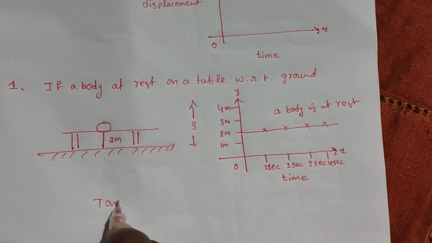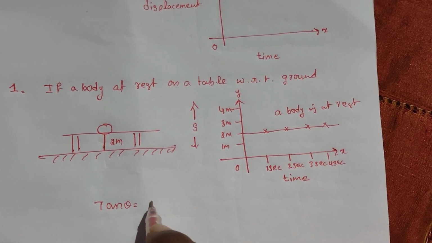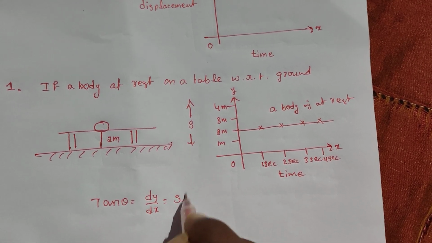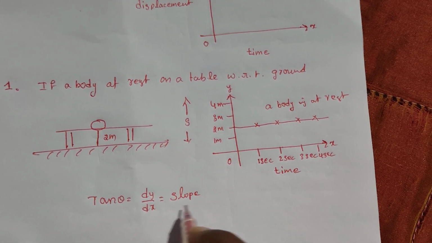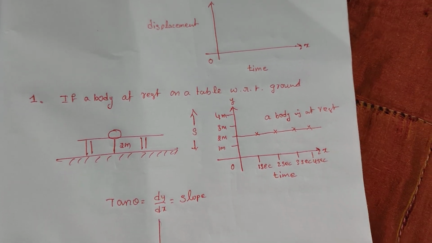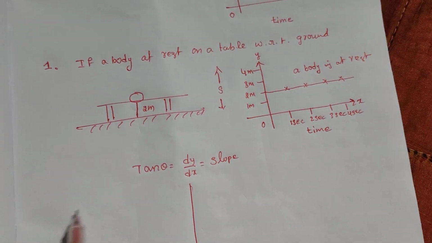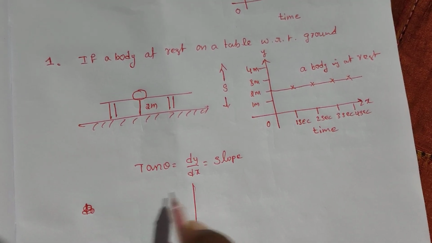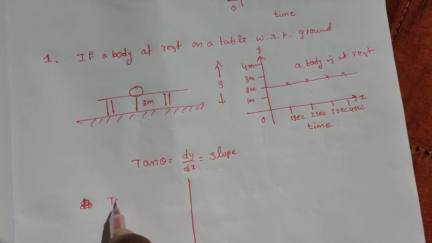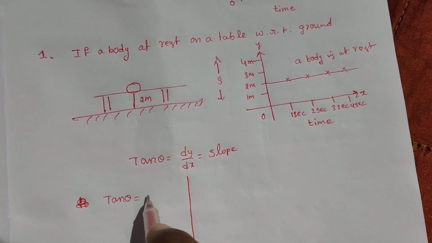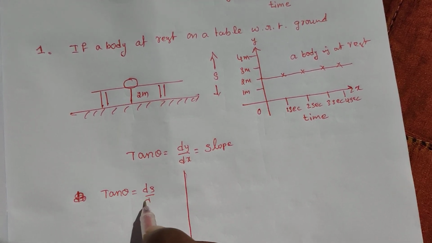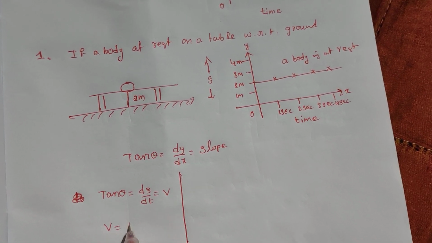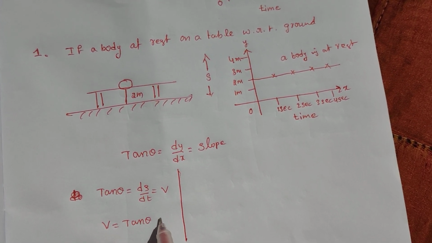Tan theta is equal to dy by dx. That is the formula for slope. Okay, just we have to divide in two conditions. Tan theta, slope, is equal to ds by dt. It's nothing but velocity. Velocity is equal to tan theta. What is the slope angle?